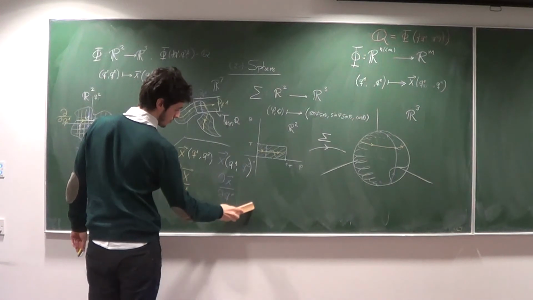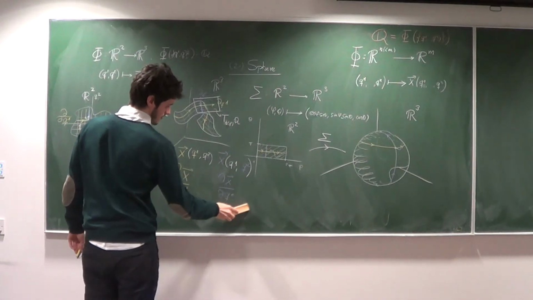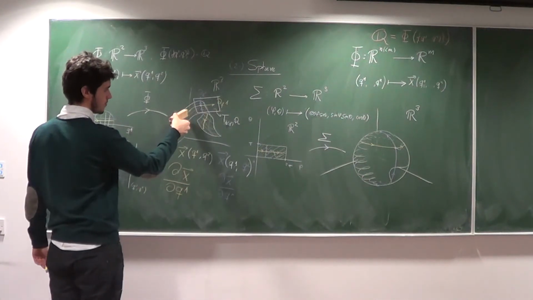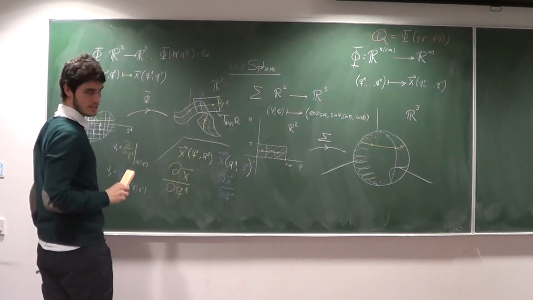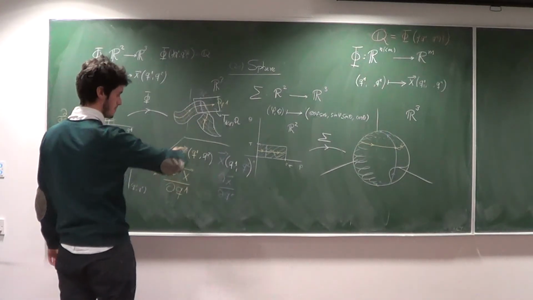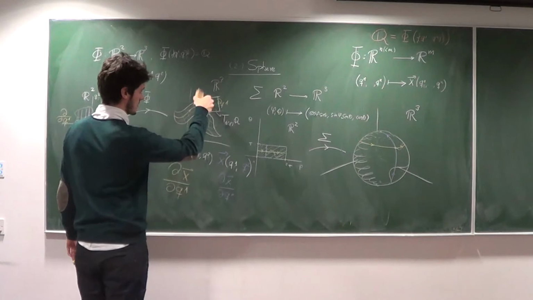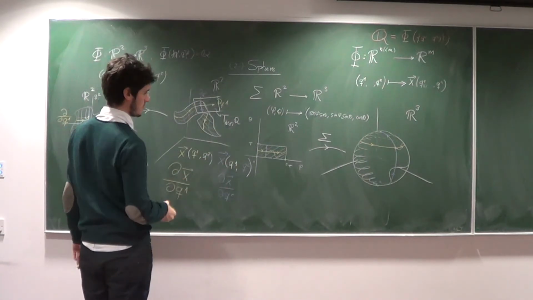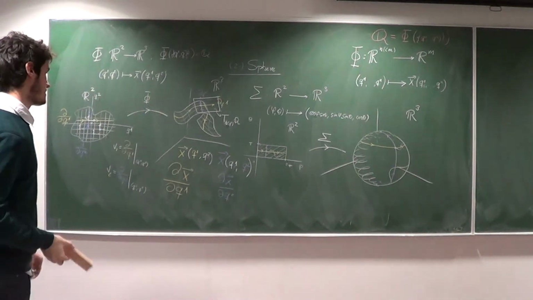Because it gives you a rule that if you provide a point, or a couple of parameters that identify one point, then it gives you a tangent vector at that point. In this case particularly, it gives you precisely the vector that is tangent to the parameter curve q1, and this gives you the tangent vector to the parameter curve q2.